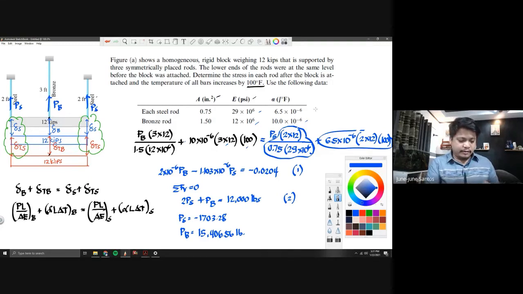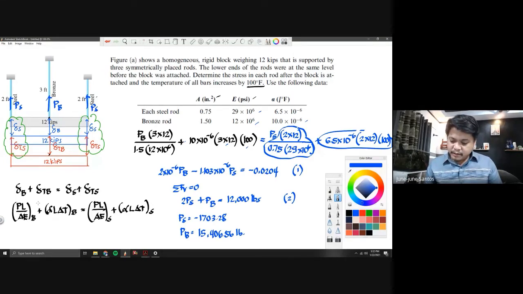So 3 times 12 all over 1.5 times 12 times 10 to the 6. So that is 2. Then 2 times 12 all over 0.75 times 29 times 10 to the 6. Okay, so that is around 1.103. Okay.